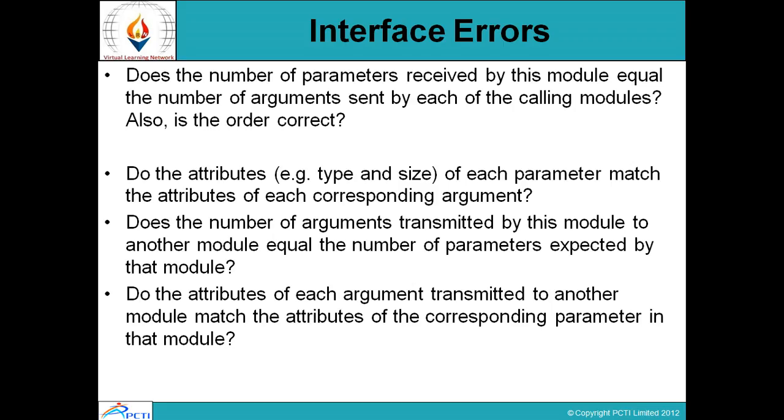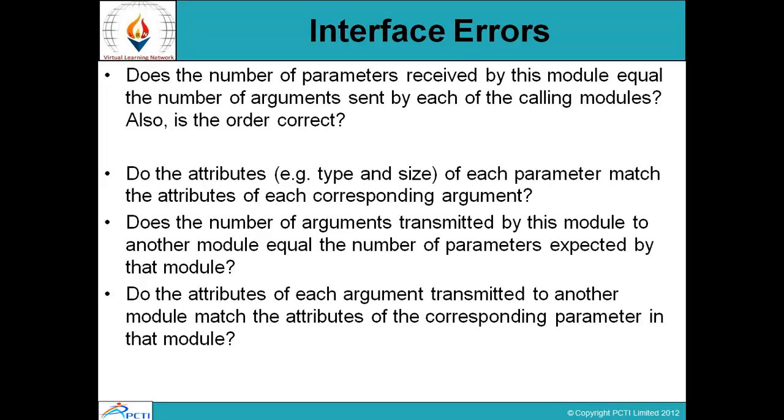Next is the interface error, that is, the error between two components, where the interface lies in between. Does the number of parameters received by a module equal the number of arguments sent by each calling module? Meaning, if 3 parameters are required but you are sending 4 or 2, this kind of error comes under the interface error. Do the attributes, type and size, of each parameter match the attributes of each corresponding argument or not?